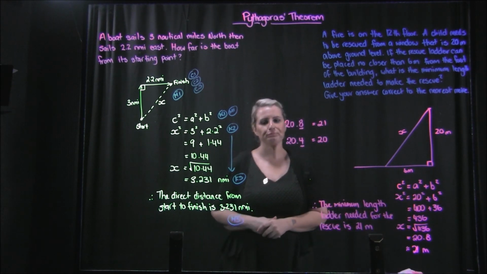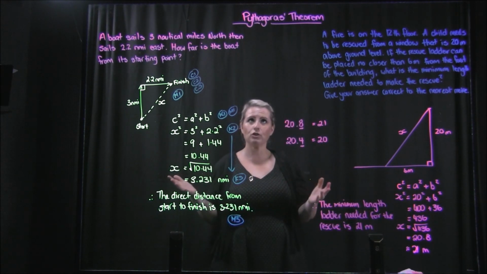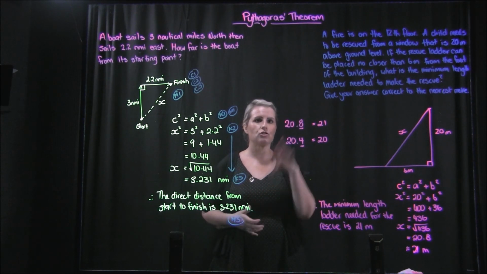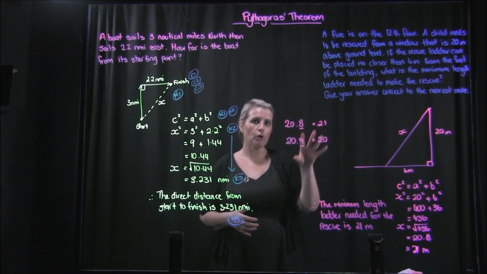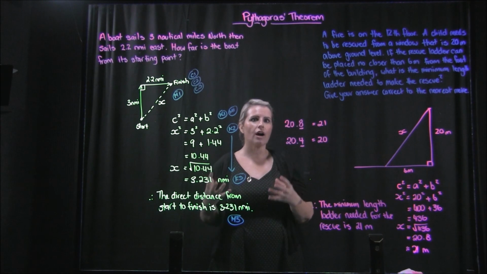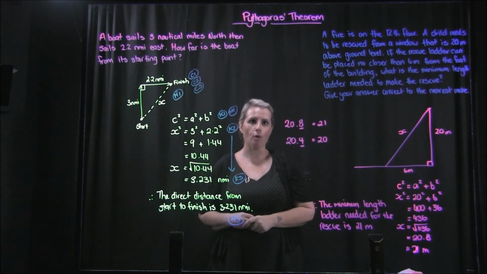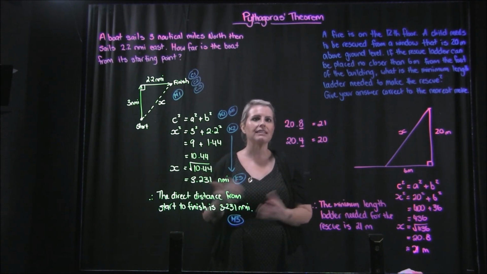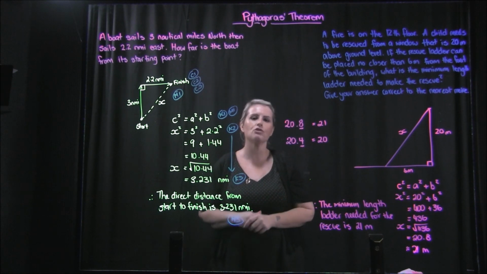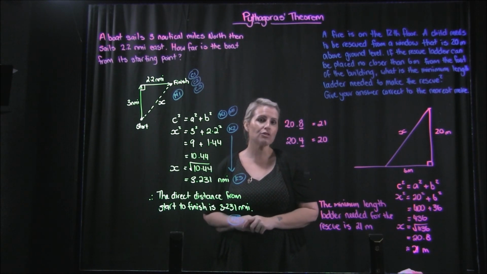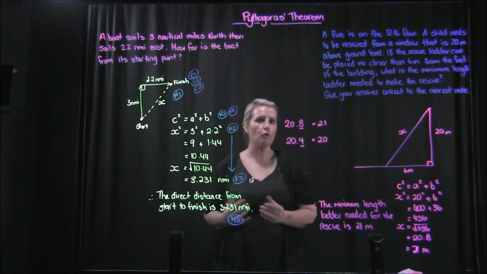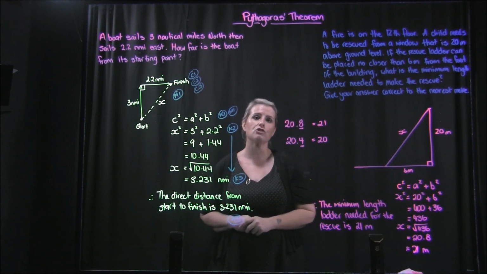Okay, so hopefully you have a better understanding of how to break down a word question, draw a diagram using the information from that problem, and then calculate it, in this instance using Pythagoras. It is important to note though, in your exam you will have a variety of formulas and problem solving strategies to choose from.